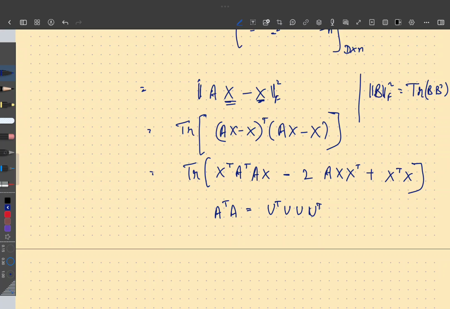It's I. But what about U U transpose? Remember that U is a capital D by little d matrix. So U transpose U is identity.